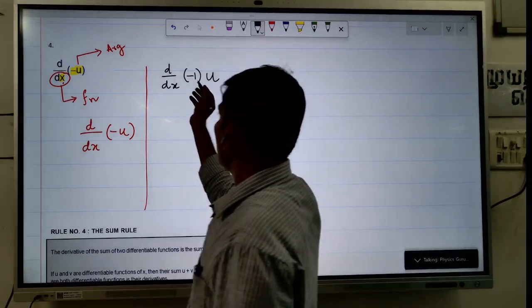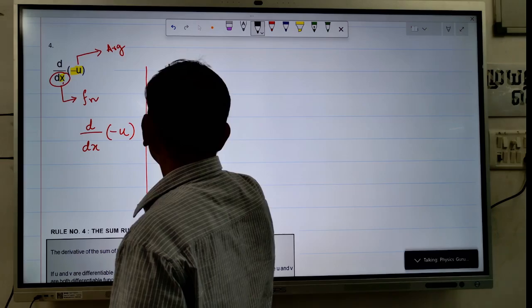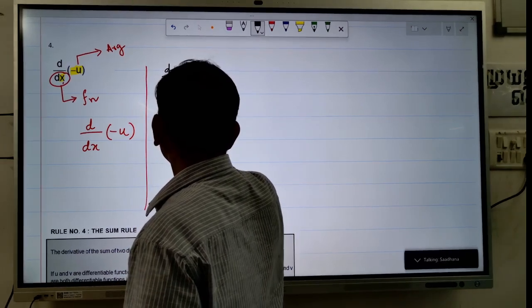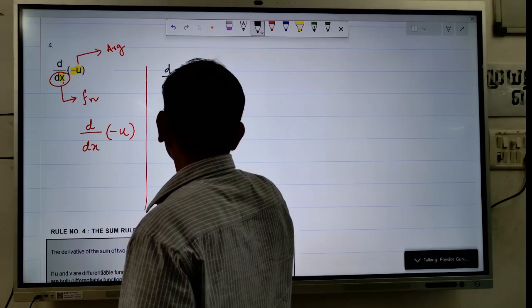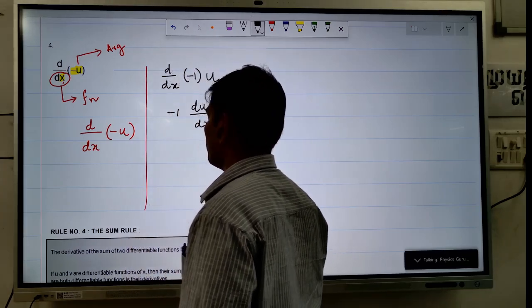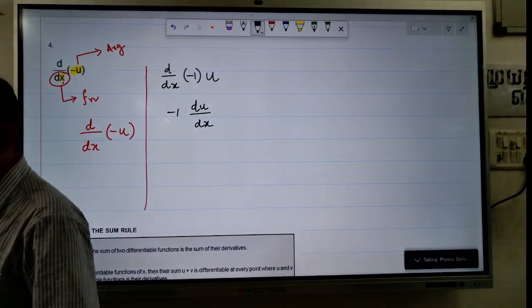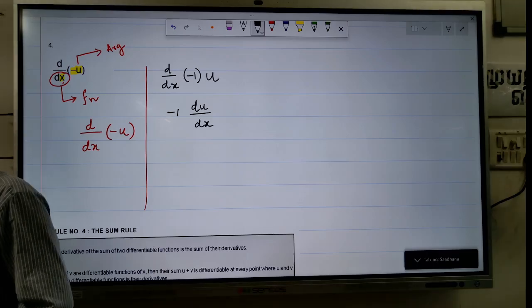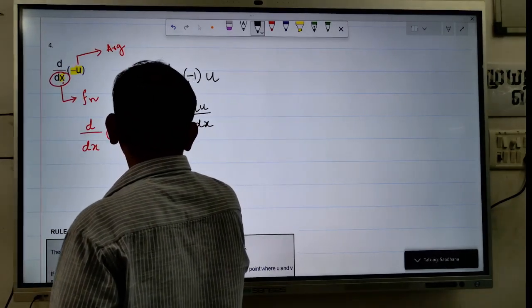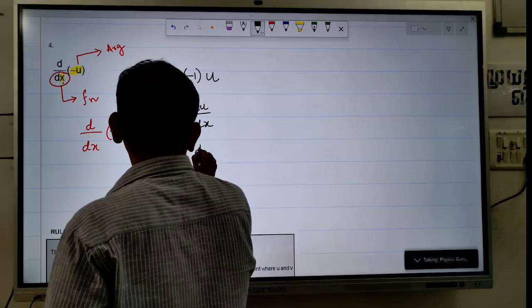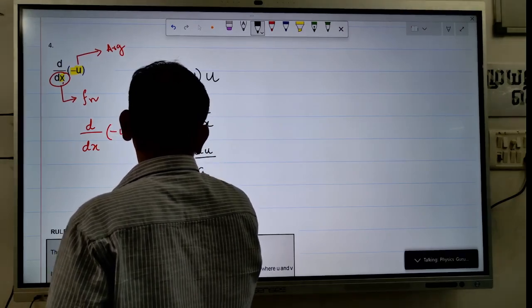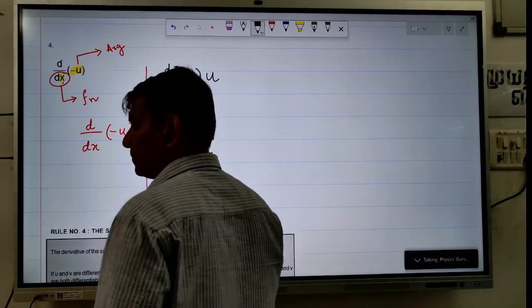So the minus 1 stays outside. Minus 1 into du by dx. Correct? Got it? So we can simply write this as minus of du by dx.